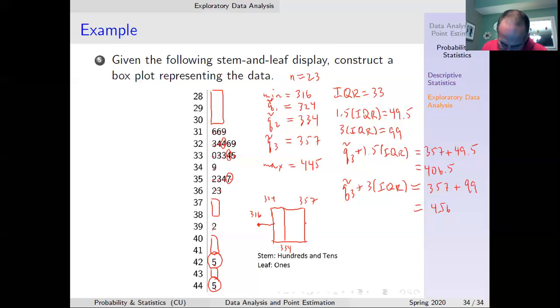I'm just guesstimating the distance here. So 392. And then I have to list my suspected outliers. There are two of those: 425 and 445. I like to put a little mark like this and say these guys are suspected outliers.